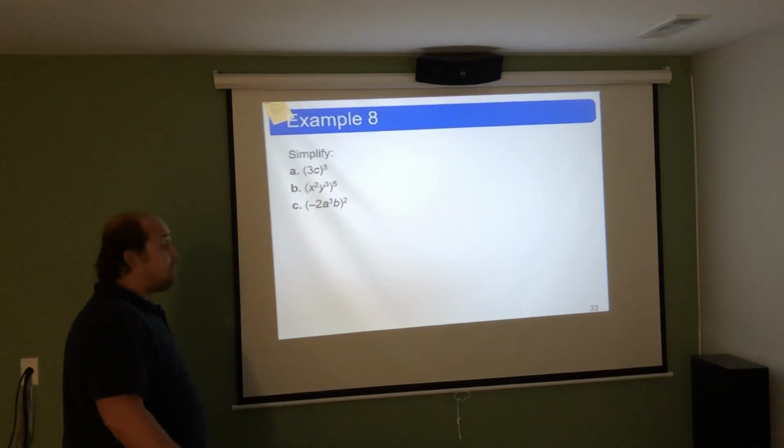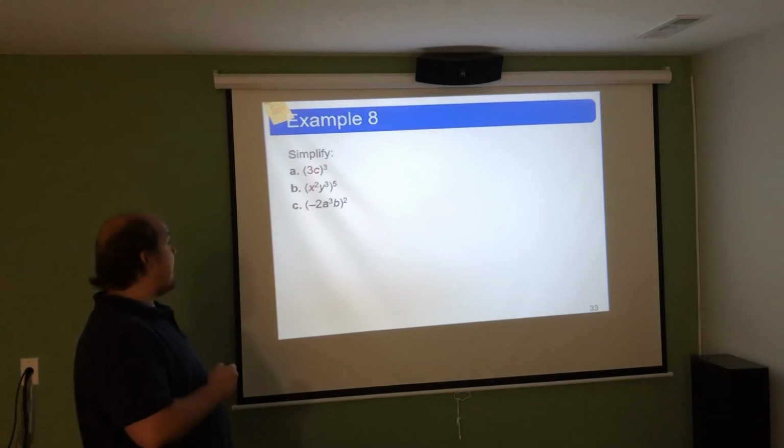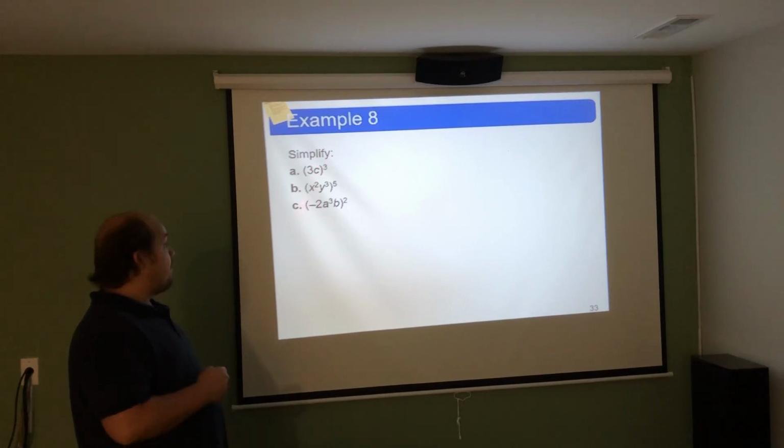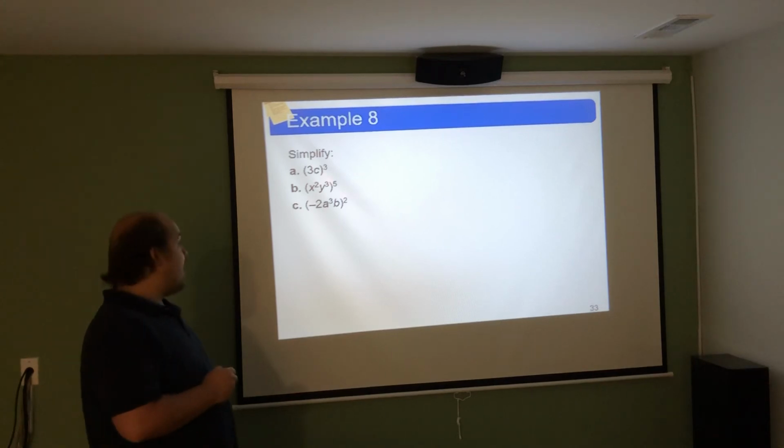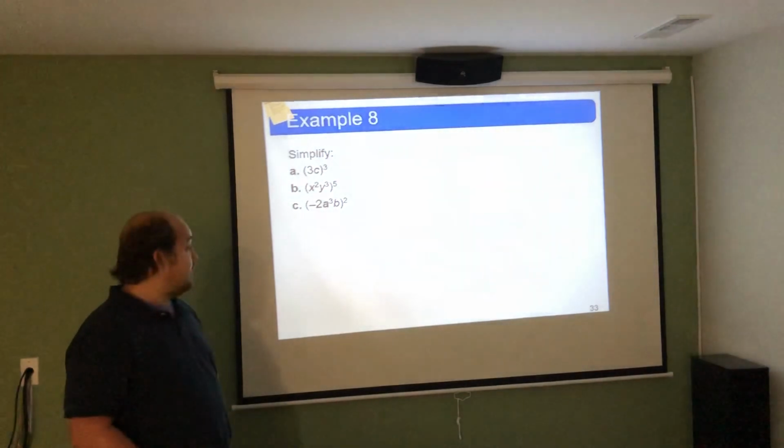So if I was going to simplify these, for part A, I'd take 3 to the third power separately from c to the third power. For part B, I'd take x squared to the fifth separately from y to the third to the fifth. Since I'm multiplying, this would become x to the 5 times 2 is 10th, y to the 3 times 5 is 15th.